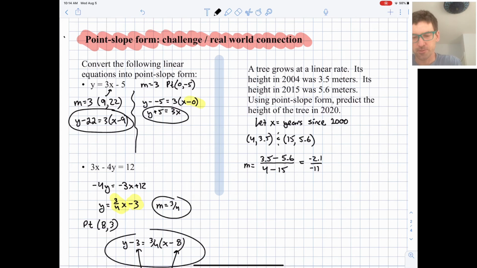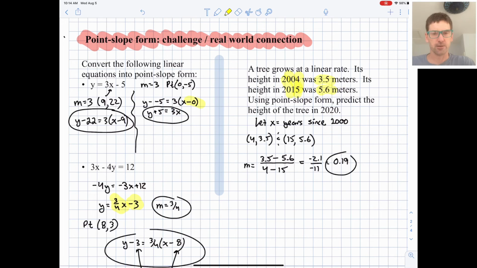And so I get a slope of, I'll round to a couple decimal places, 0.19. So meaning this tree grows about 0.19 or about 1/5 of a meter per year. And does that kind of make sense? It grew maybe 2 meters in 10 years. Yeah, so that kind of makes sense.